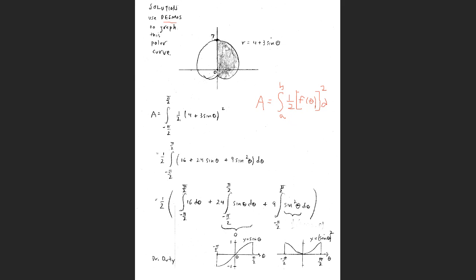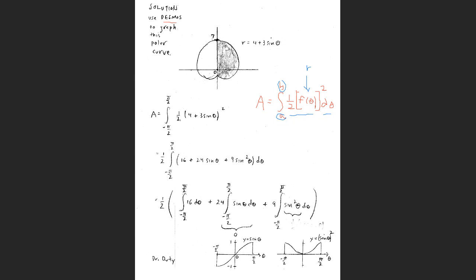So the area is the integral from a starting angle A to an ending angle B for the polar region, where the integrand is 1/2 times the quantity f of theta squared, and of course you're integrating with respect to theta. f of theta, of course, is equal to r.